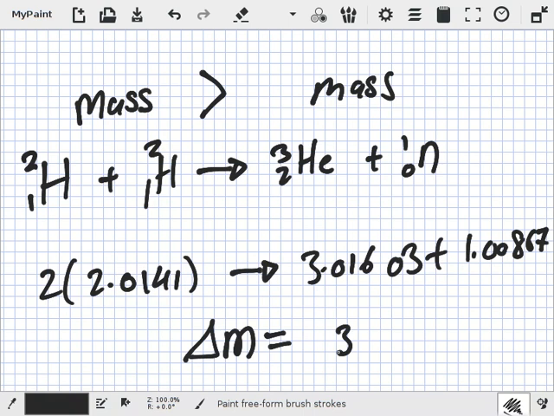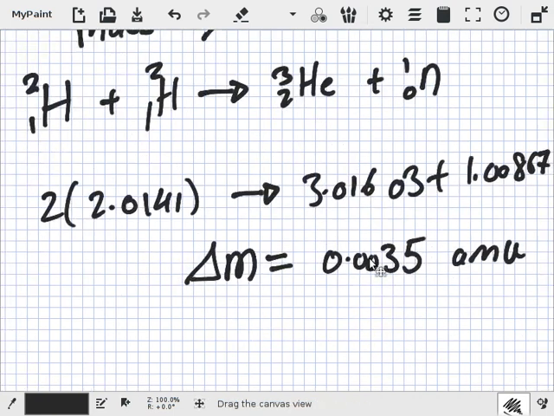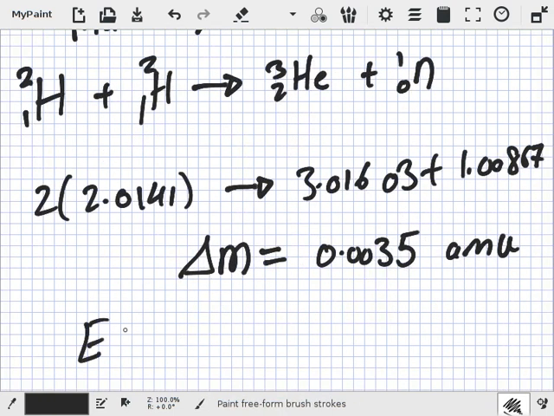3.5 times 10 to the power -3 AMU. Okay, so 0.0035 AMU. Now, to get the energy, it's just going to be that times the U constant for AMU times the C squared.